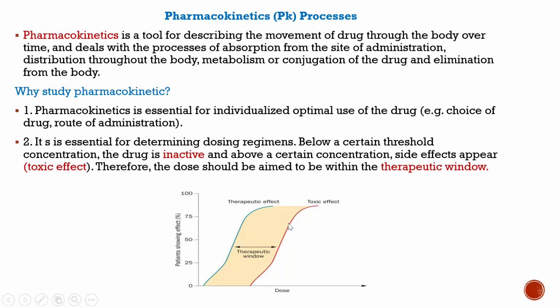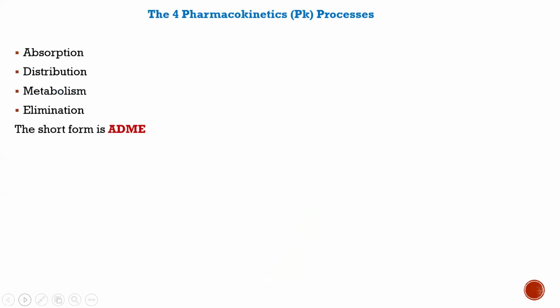But if the drug is given in higher doses, more than required, it's going to exhibit what's called a toxic effect. But the drug should be aimed to be within the therapeutic window, which is a kind of normal range that the drug should be given, so that it will be safe, number one, and it will not produce a toxic effect. All right, so that's what this is talking about.